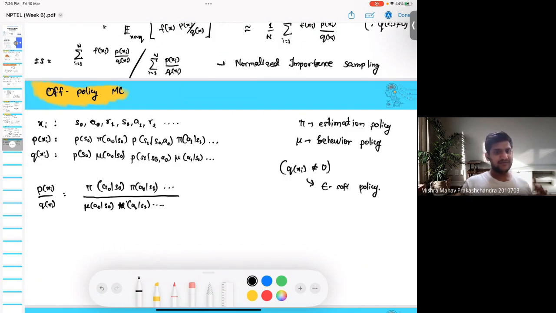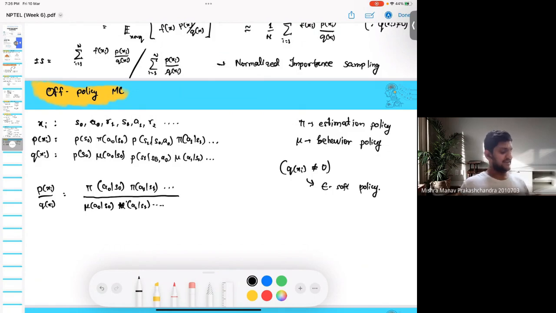Why? Because I need the transition probabilities, P of S1 given S0 A0, P of S2 given S1 A1, and so on. And the reason we are doing Monte Carlo is we want to avoid that.